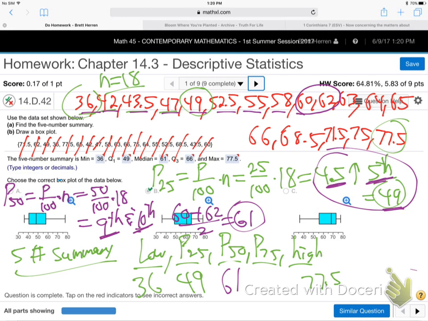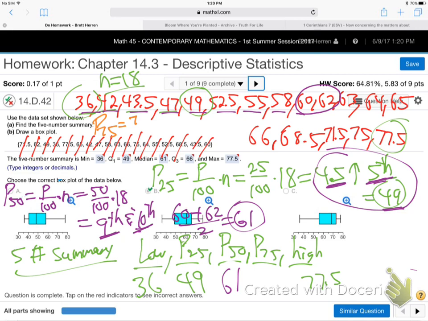Now, finally, can we do the P75? So find the number 75% of the way through the data set. So I'll squeeze it in up here.